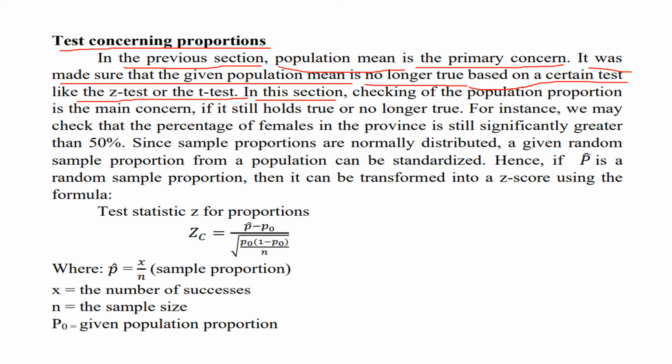In this section, checking the population proportion is the main concern, whether it still holds true or not. For instance, we may check if the percentage of females in the province is still significantly greater than 50%.